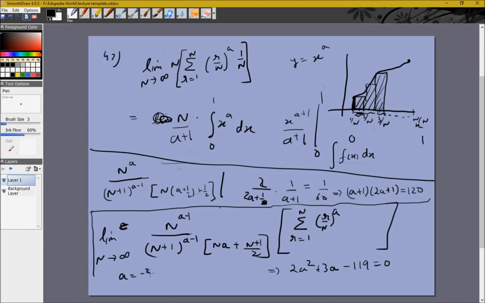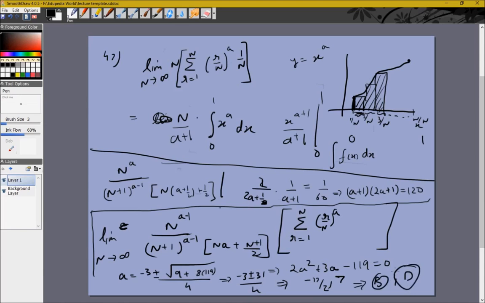A is equal to minus 3 plus minus root of 9 plus 8 into 119 by 4, and this whole thing comes out to be the square of 31. So we get minus 3 plus minus 31 by 4, which means minus 34 by 4 or minus 17 by 2, and 31 minus 3 by 4 or 7. So 7 or minus 17 by 2, which gives me B and D.